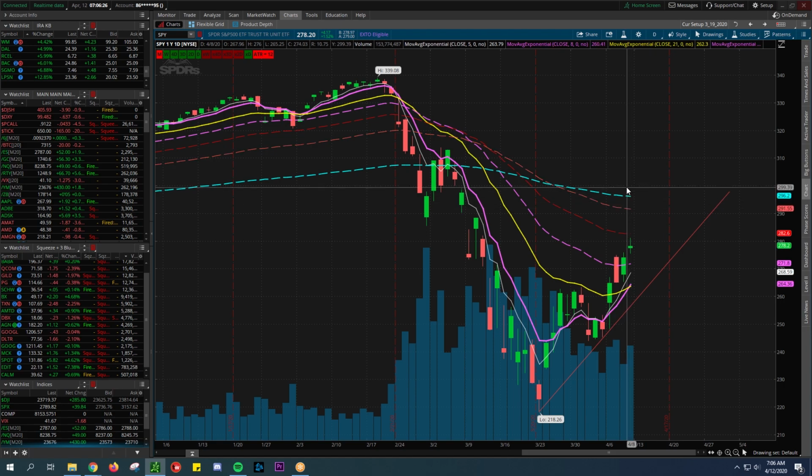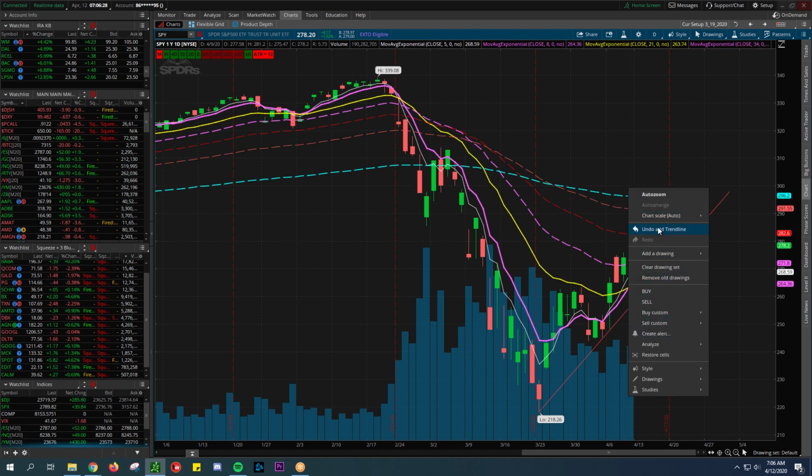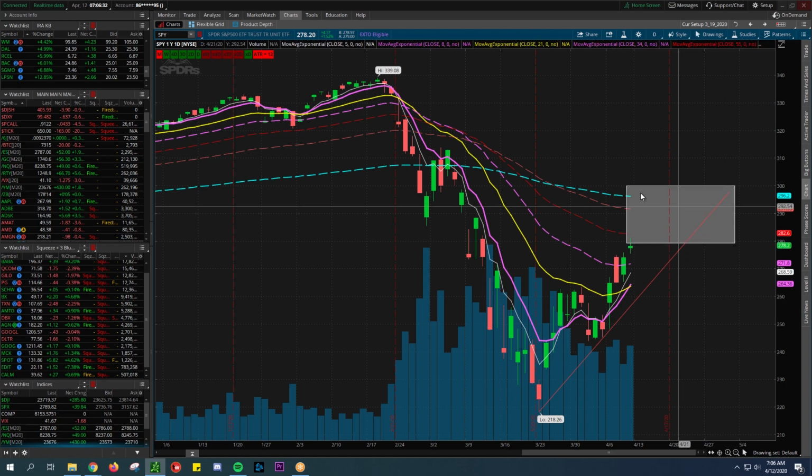So we're going to draw basically a box up here showing a potential, I don't know what's going to happen. Again, this is just projections. Just want to be very clear here, that something could downturn. The stimulus checks don't come in time, an increase of unemployment comes in, things like that.